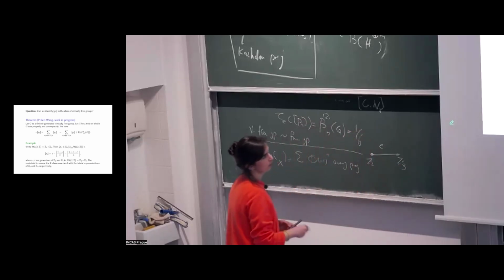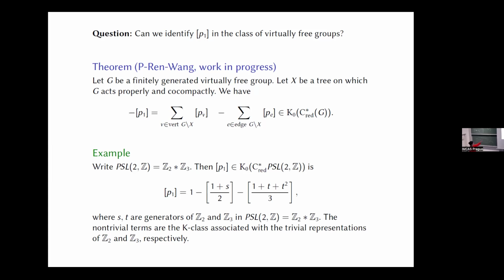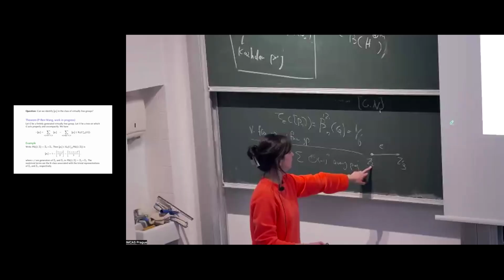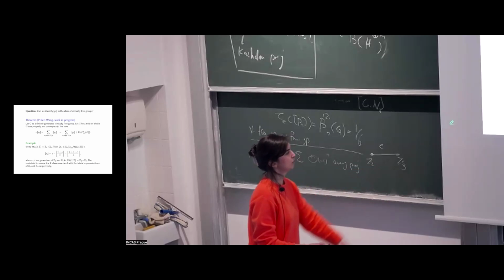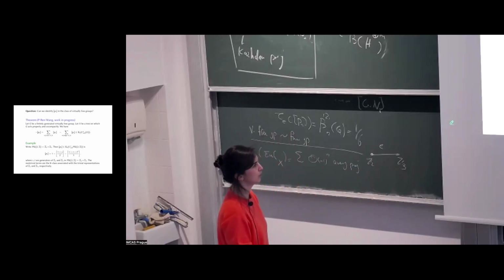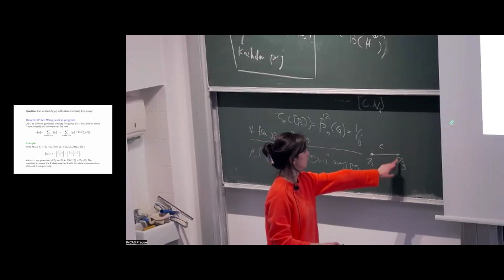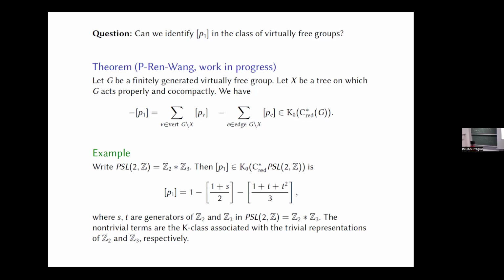By our formula, our projection P1 is the identity minus the averaging projection associated to Z mod 2, this vertex, and the averaging projection associated with Z mod 3. So identity minus these two defines the K-theory class of P1.